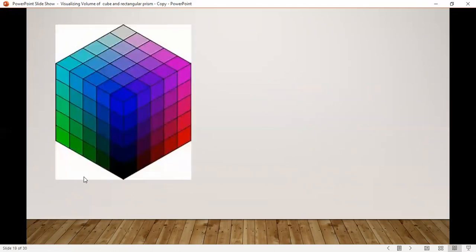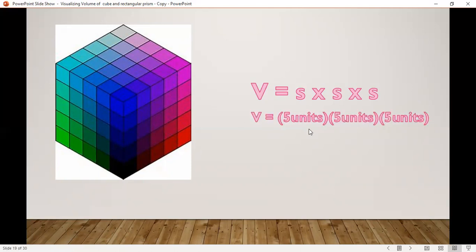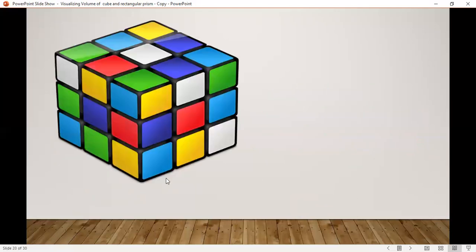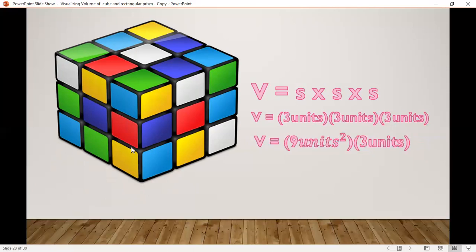Another cube, given side 5 units. So 5 units times 5 units times 5 units. 5 times 5, 25 units squared times 5 units equal to 125 units cubed. So also 3 times 3 times 3 equal to 27 units cubed.